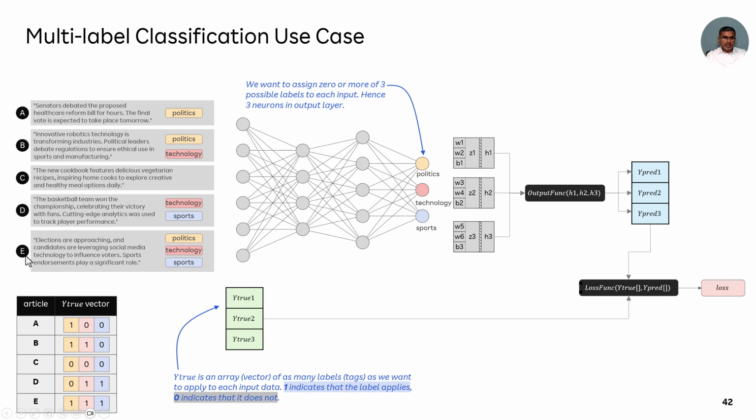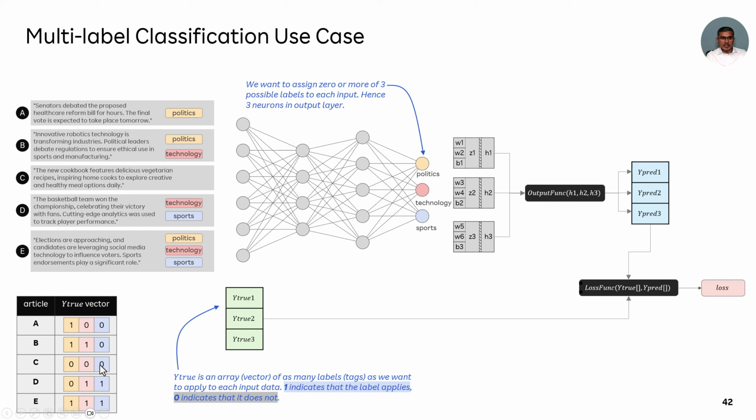With that nomenclature, for the first input A, your y true vector will look like 1, 0, 0. Why 1, 0, 0? Because it only has the label of politics. For the second input B, you have two labels, politics and technology. So you'll have politics lit up to 1, technology lit up to 1, and the last one is 0 because it does not have the label of sports.